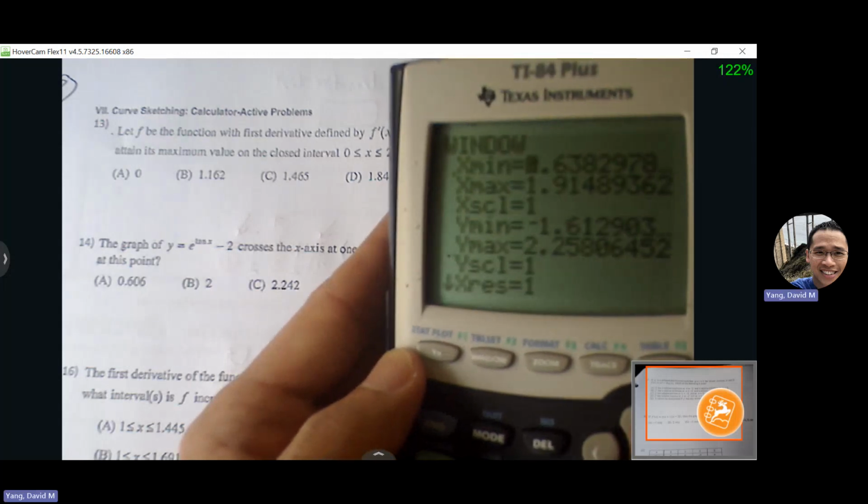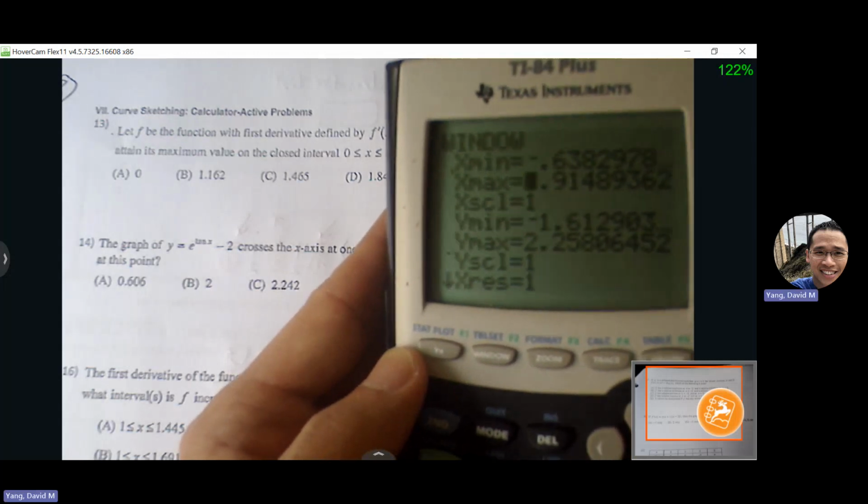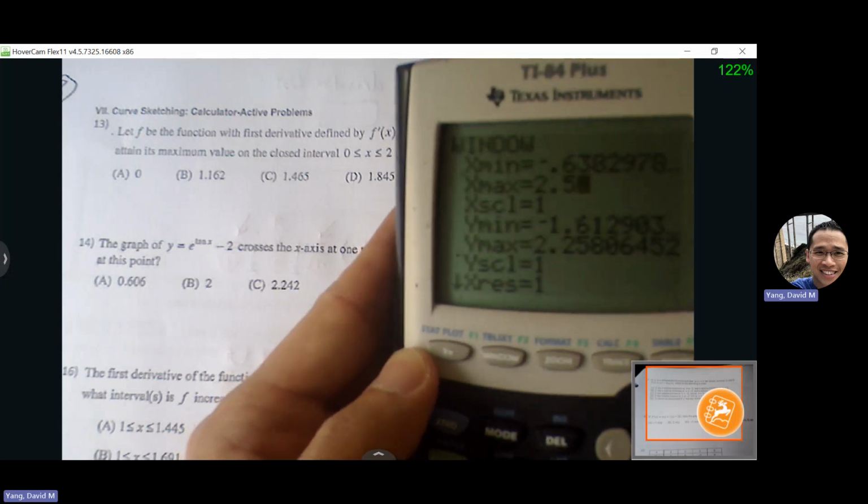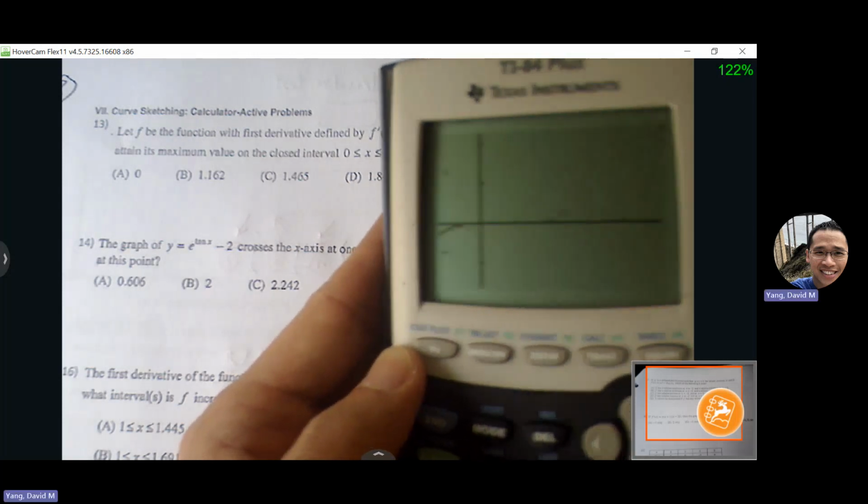All right, my y max is at 1.9. Let me just change it to like 2.5, just so I can see around on the edge a bit.